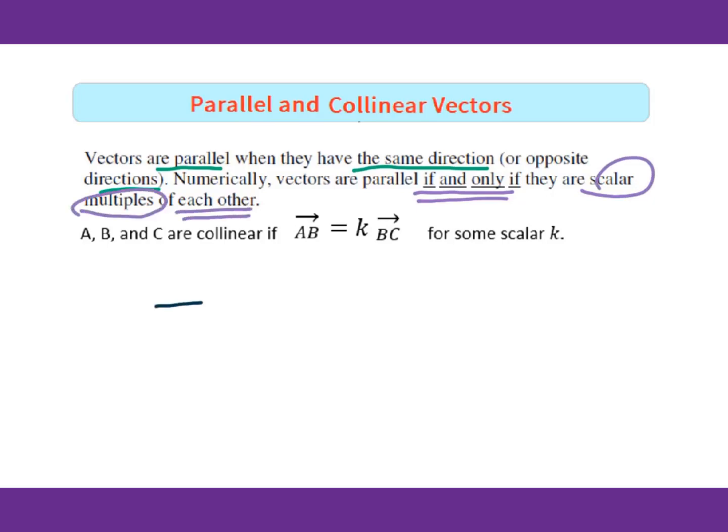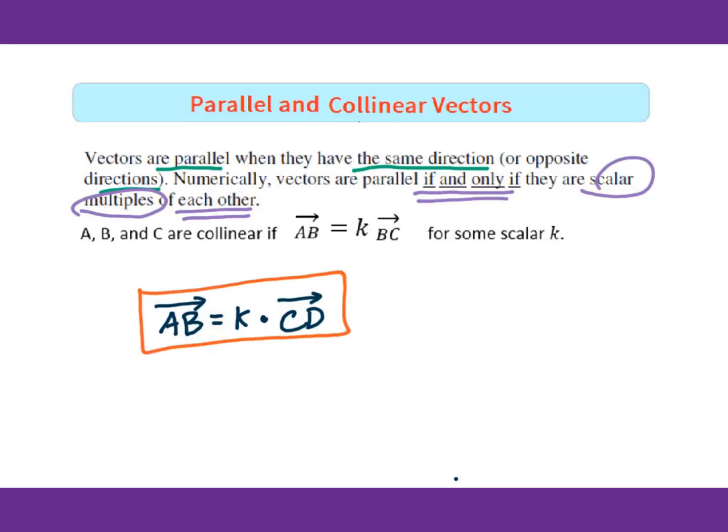For example, if vector AB, vector CD are parallel, I can write down vector AB equals K times vector CD. And also, if we have vector AB equals K times vector CD, we can get vector AB parallel to vector CD.